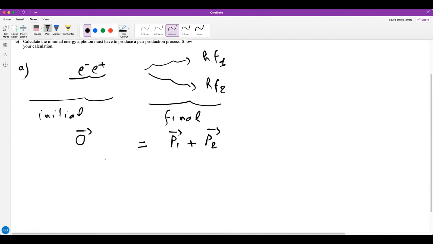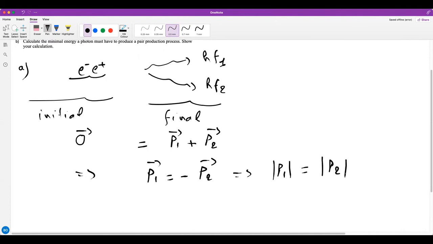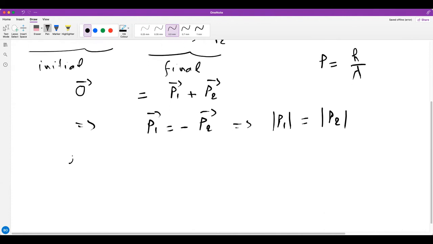Well, this means that the momentum of the first photon is minus the momentum of the second photon. This means that in magnitude, the two momenta are equal. And we know that the momentum of a photon is h over lambda.